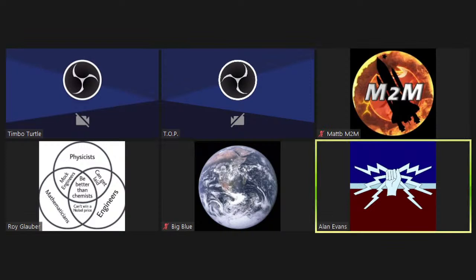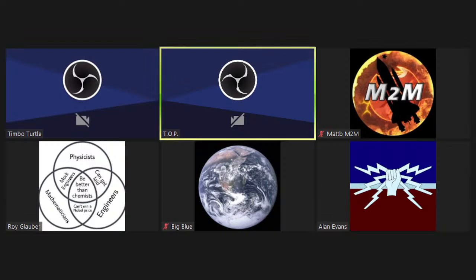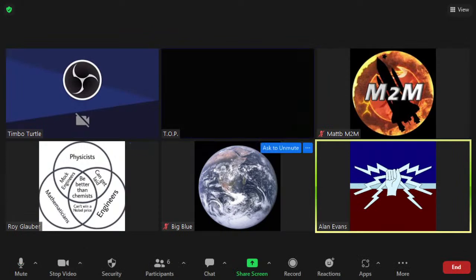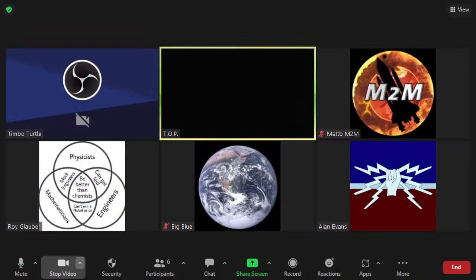If you switch your camera from virtual camera back to your actual webcam, then at least it'll just show as black, or you could turn the camera off and just have your normal logo thingy. Yeah, okay, I'll try that.